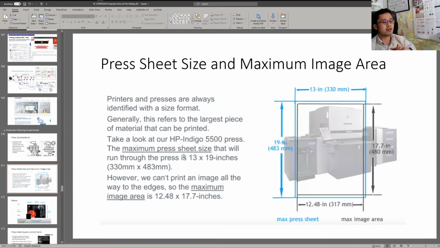The reason kenapa ada banyak sangat istilah ni, because manufacturers ni ramai. From Ricoh, from Fuji Xerox, Heidelberg, HP, Komori dan pelbagai lagi. Jadi different companies have different interpretation, different terms that they use for their machine.